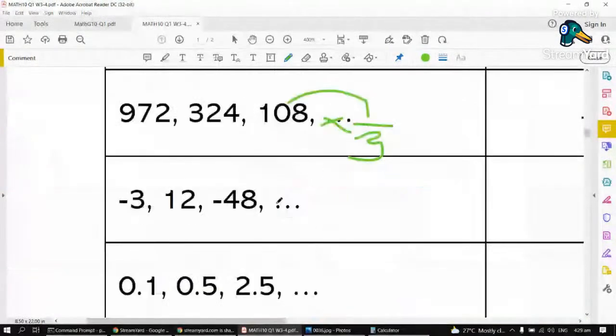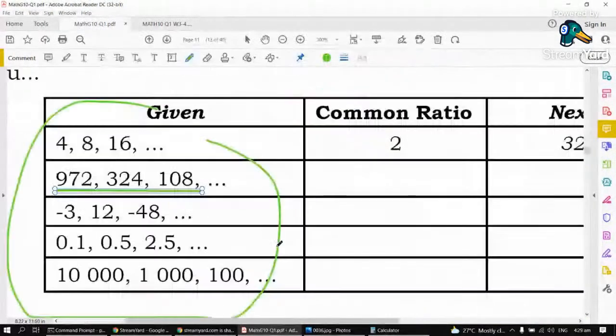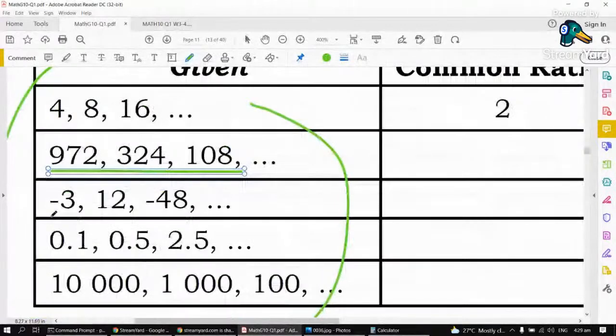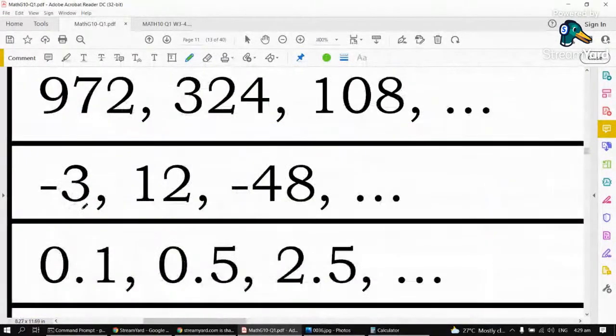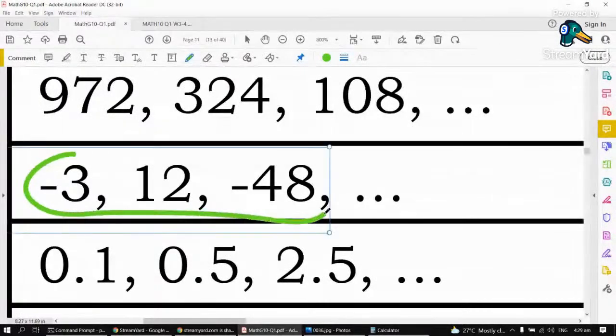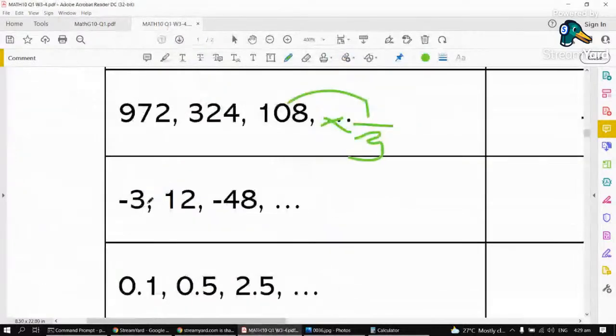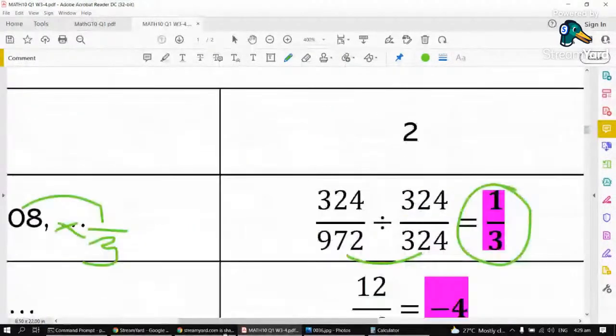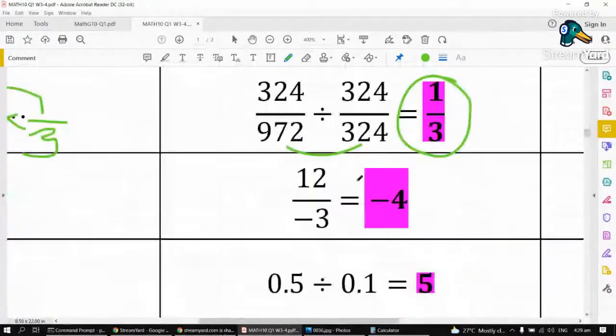Okay. So, next is meron tayong negative 3, positive 12, negative 48. So, ano daw ang common ratio?